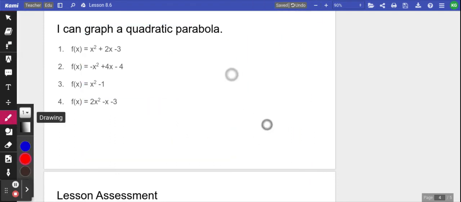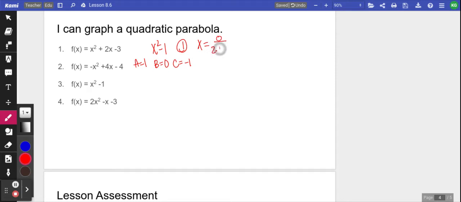Okay, on the next one, I have x squared minus 1. So my a term is 1. There is no b term because there's no bx. And my c term is -1. So for my axis of symmetry, if I do opposite of b over 2 times a, that would give me 0.